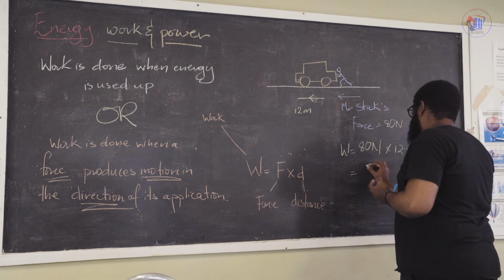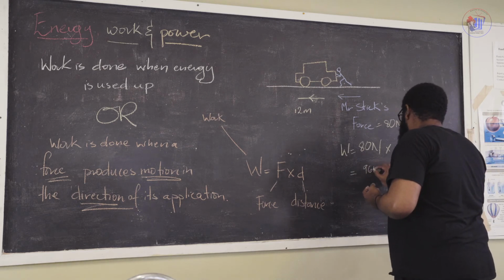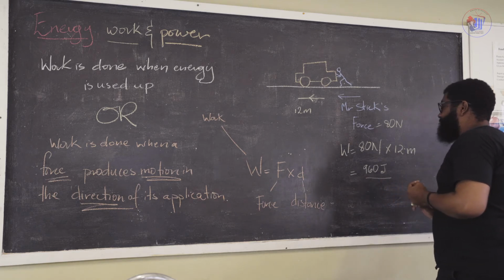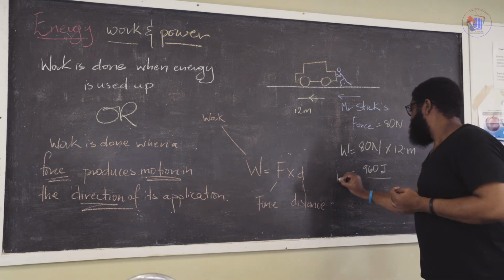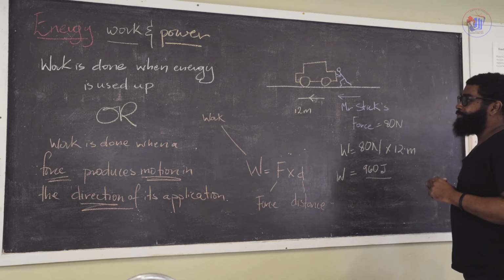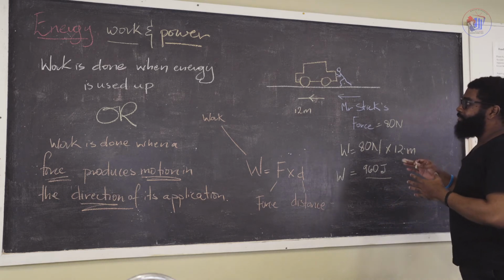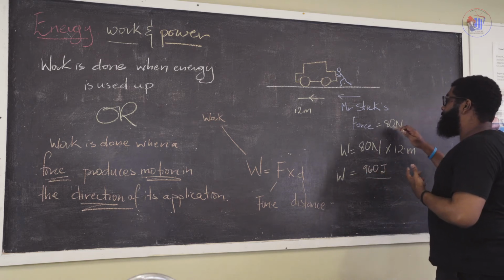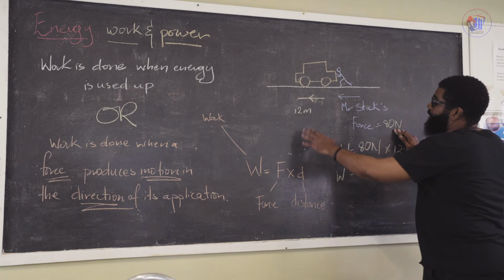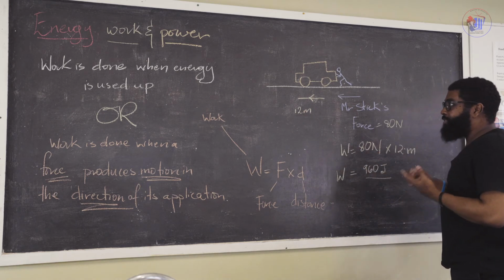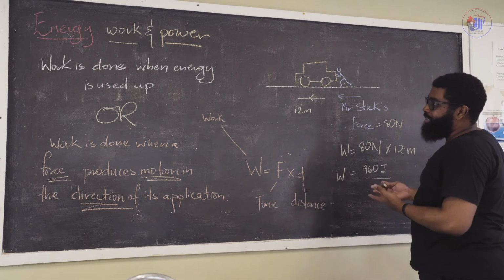And I do believe that this is 960 joules. So Mr. Stick would do 960 joules of work if he pushes with this force and the car moves that distance. And this is essentially what work is.